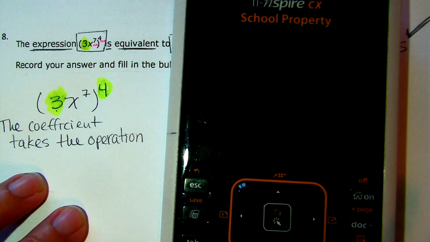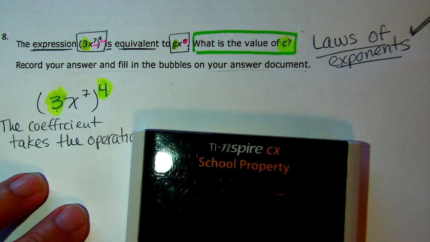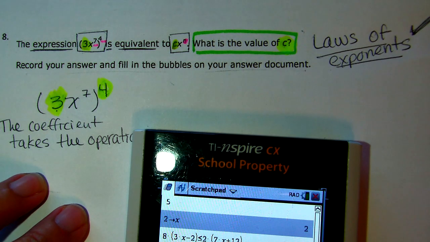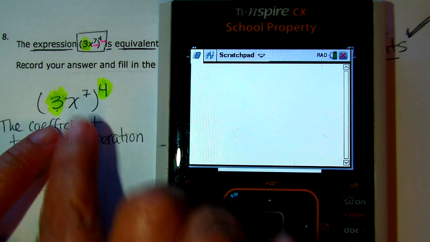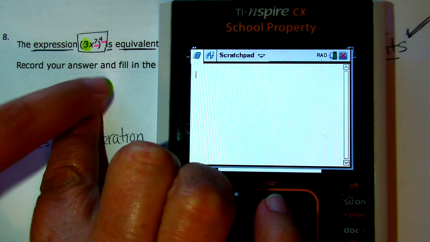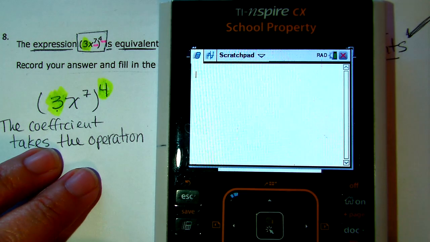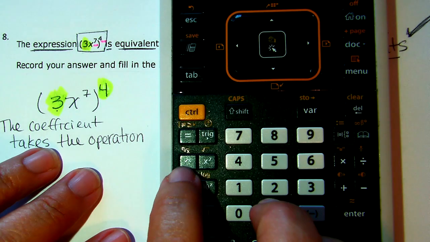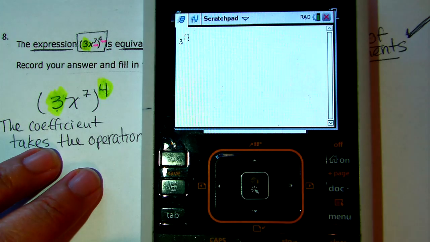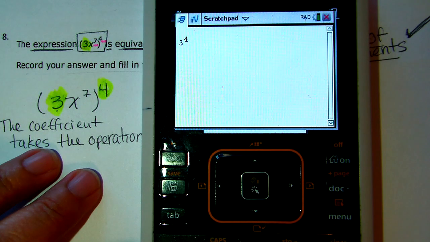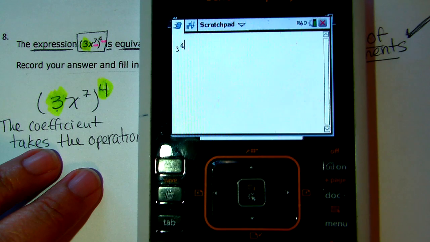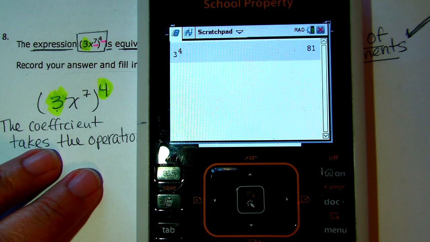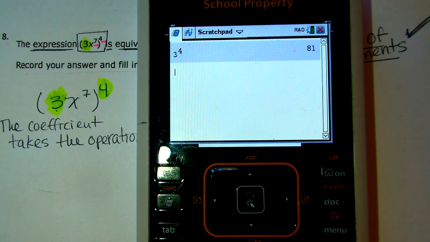Of course, we have the calculator, so now let me delete everything here. And I can put the 3 elevated to the power of 4 because now I have my magic calculator. So I can put 3, and then the caret key right here, elevated to the power of 4. So now I can put it right there in the calculator, and it gives me 81. So that's my answer.